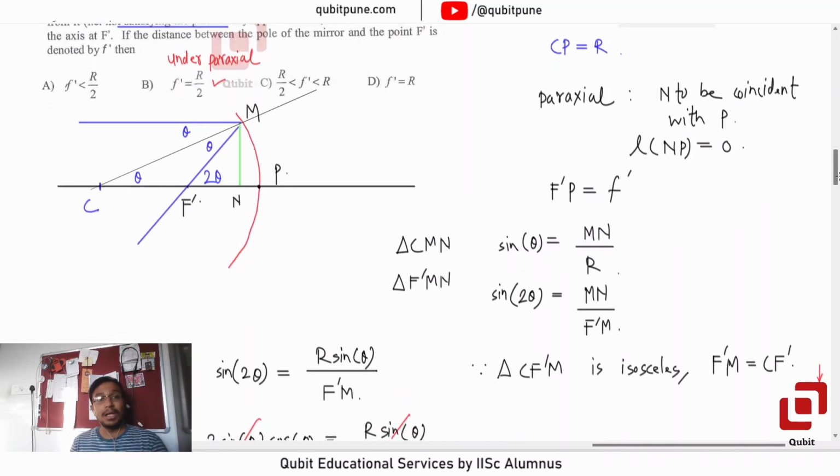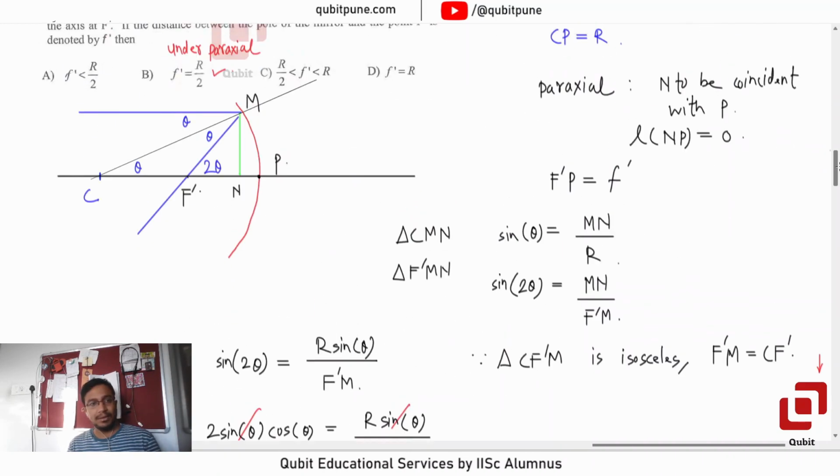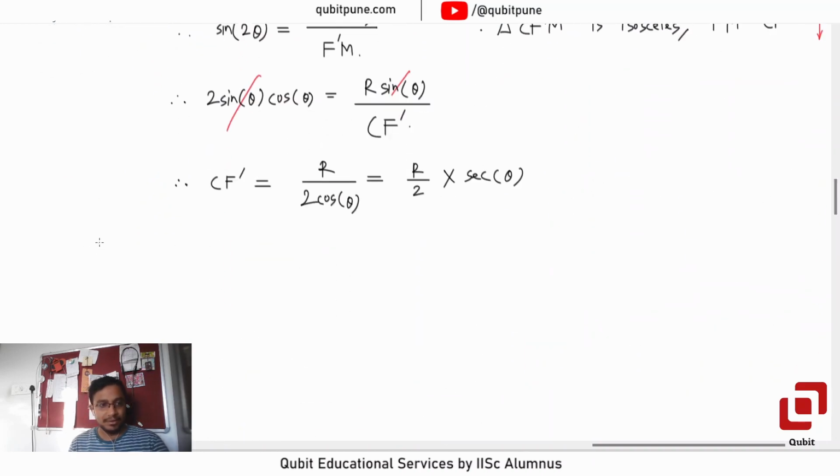Now we have to decide whether that small f prime is greater than or less than r by 2. Can I say that Cp is equal to Cf prime plus f prime p? Yes. Cp is r. Cf prime is r by 2 sec theta. This is f prime.